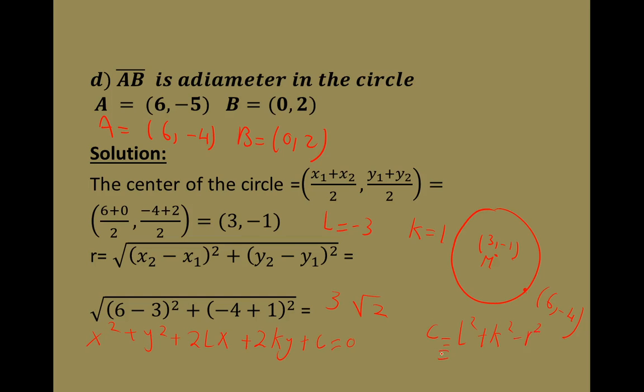Here C equals 9 plus 1 minus r squared, which equals 18, and the value of c equals negative 8. The general equation x power 2 plus y power 2, 2 multiplied L multiplied by x equals negative 6x, 2 multiplied by k multiplied by y equals 2y, minus 8 equals 0. This is the general equation of this circle.